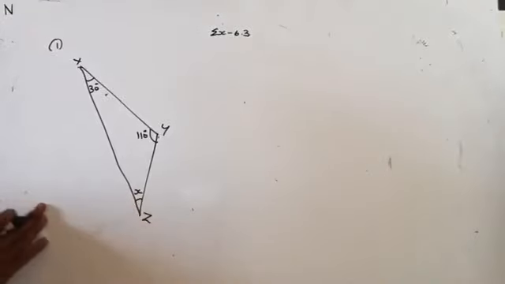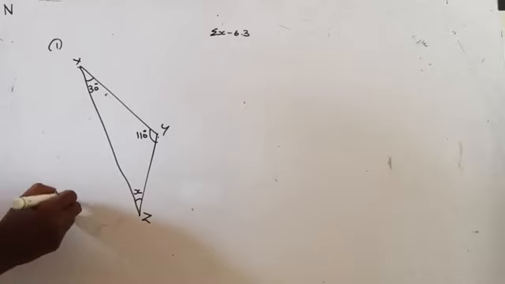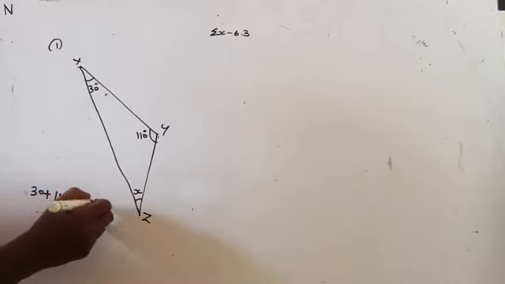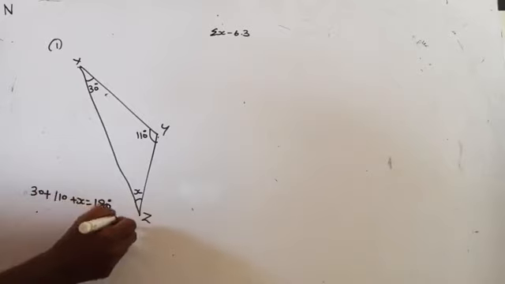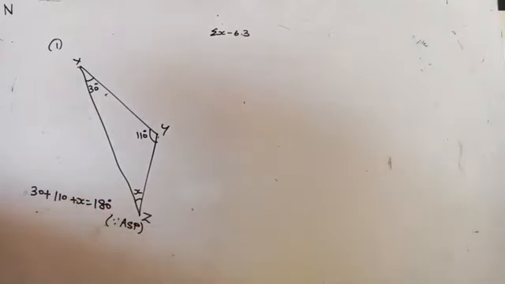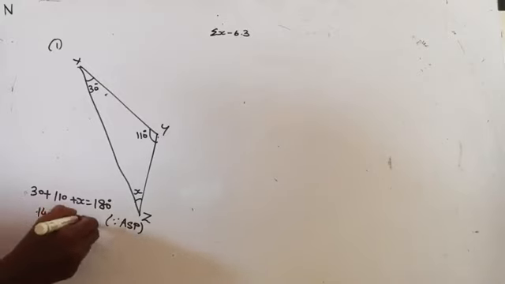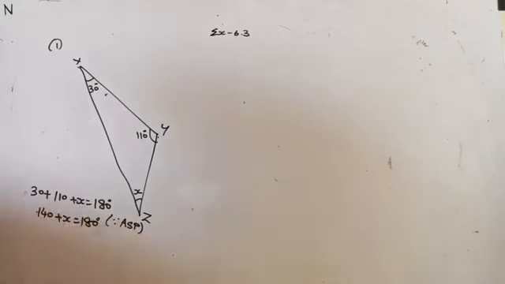Therefore 30 plus 110 plus x is equal to 180 degrees, since it is the angle sum property of a triangle. Are you getting it? Yes. 30 plus 110 is 140, plus x is equal to 180 degrees.